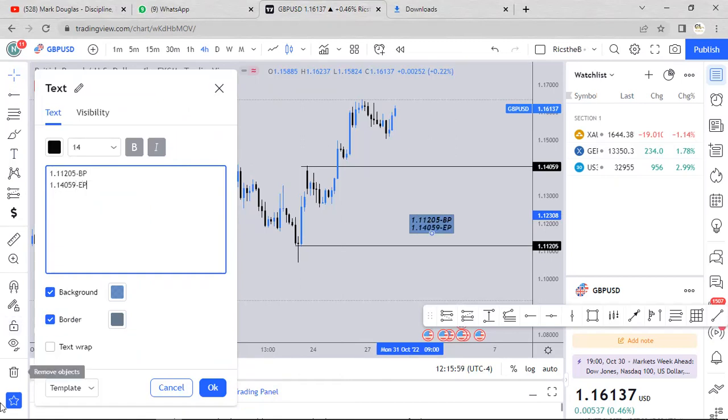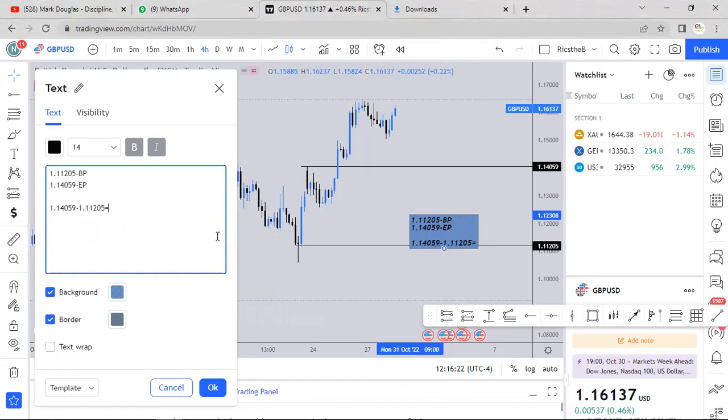Let's call that the exit price. So basically you're going to do a little mathematics. Of course, you're going to subtract this, that is 1.14059, subtract 1.11205.